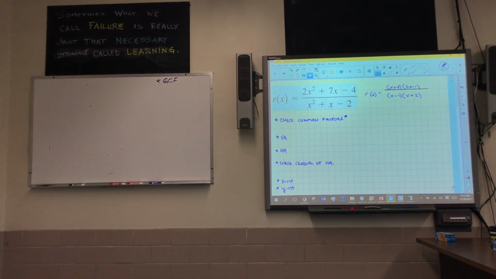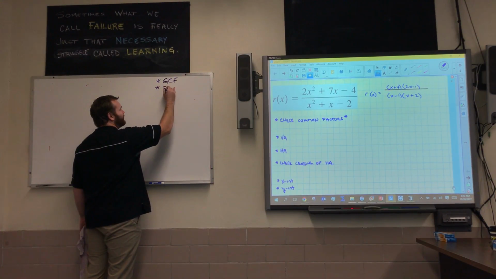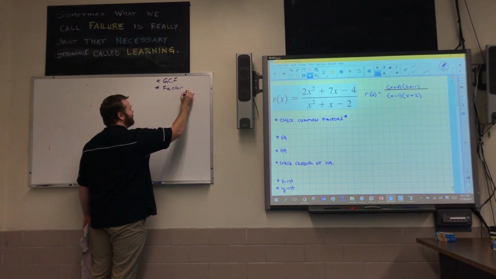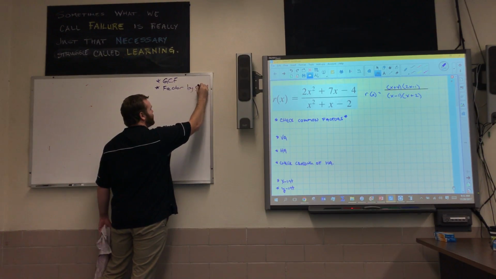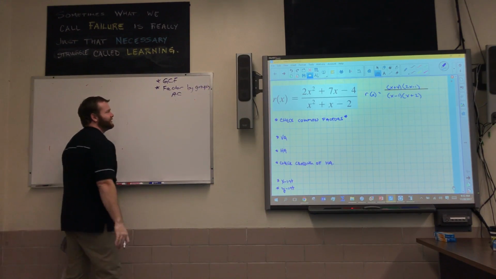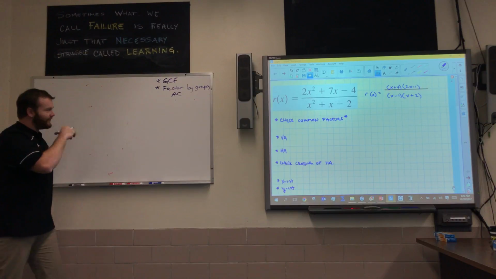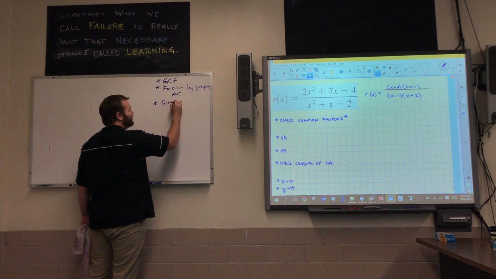Okay, if not, go to the next thing, which would be factor by grouping. That's the A-C method, A times C. If that doesn't work, you do have the quadratic formula.